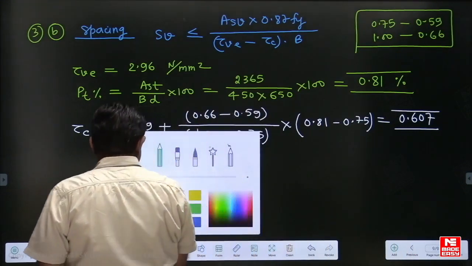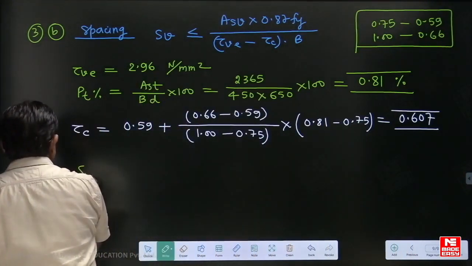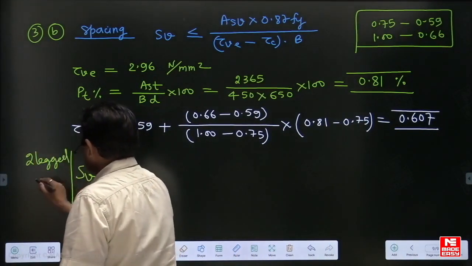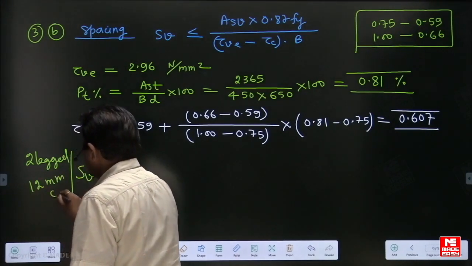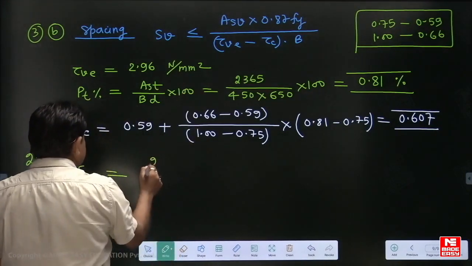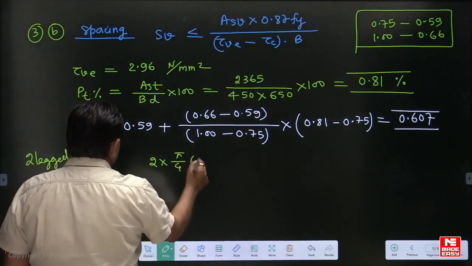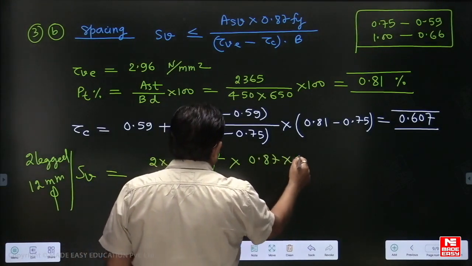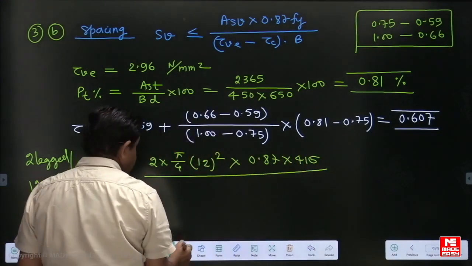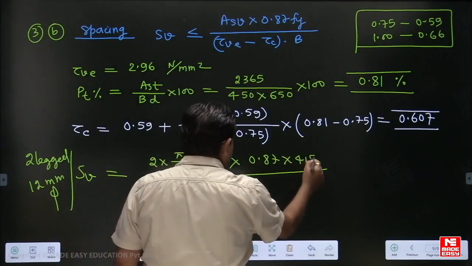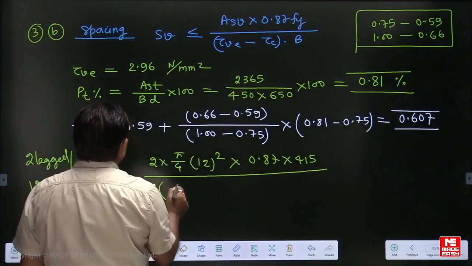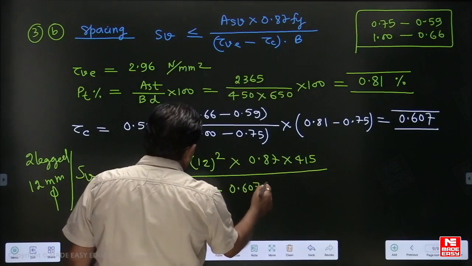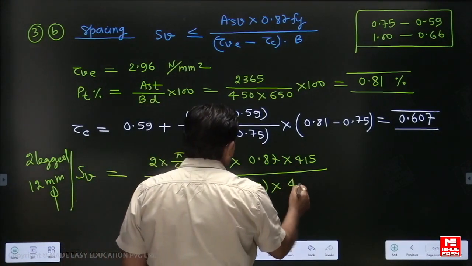So let's calculate the spacing now. Spacing, again with two-legged 12 mm dia. The spacing will become Asv, that is 2 into pi by 4 into 12 square, into 0.87 into 415, divided by (tau v equivalent 2.96 minus tau c 0.607) and divided by b. b is 450.